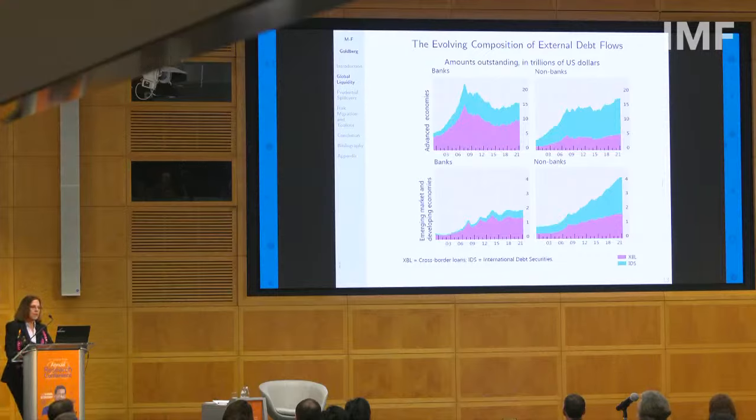Both in advanced economies and in emerging markets, banks have had relatively steady positions in global funding in recent years. Cross-border loans, represented in red, are the largest form of international funding for banks. Focus your attention on the right panels, where the most dramatic shifts in the composition of global liquidity are for non-bank borrowers. This change is evident both within advanced and emerging market economies.